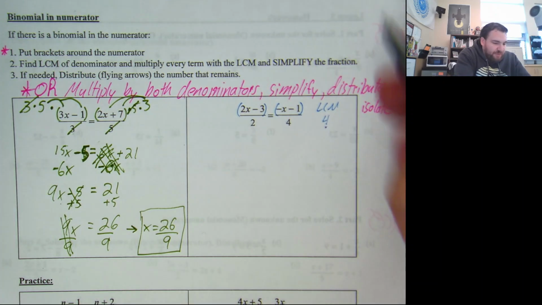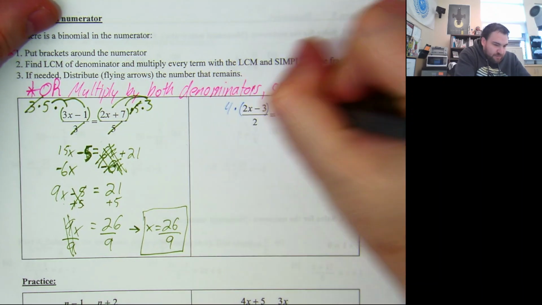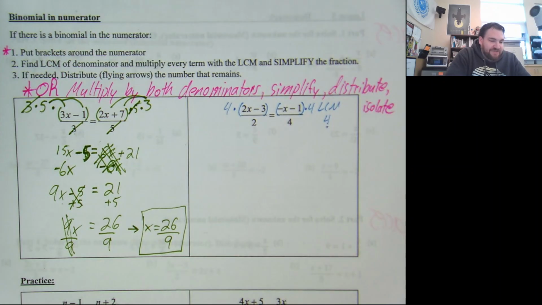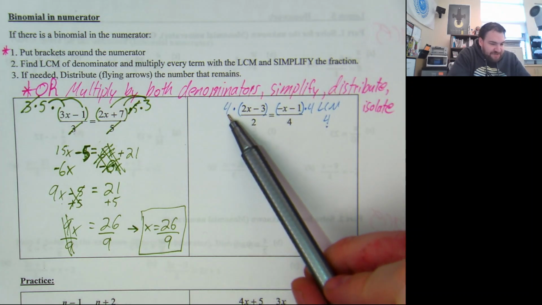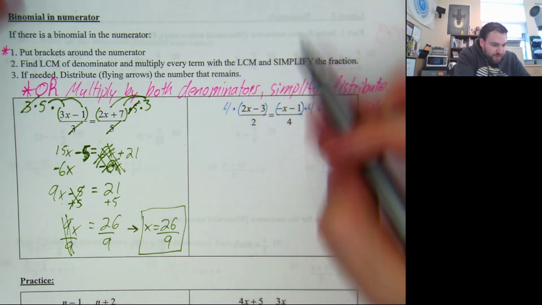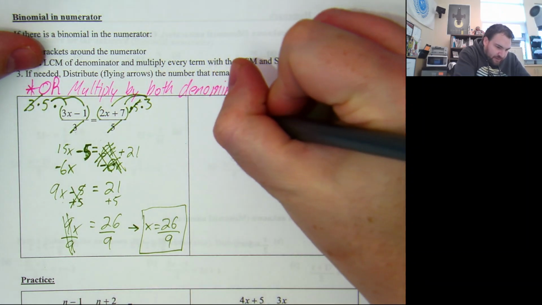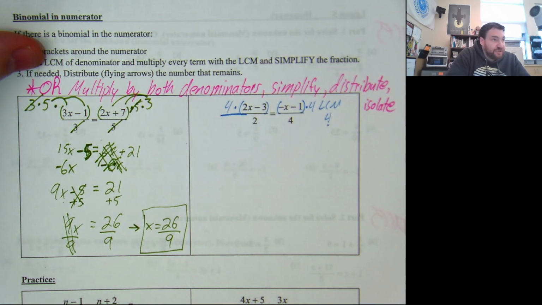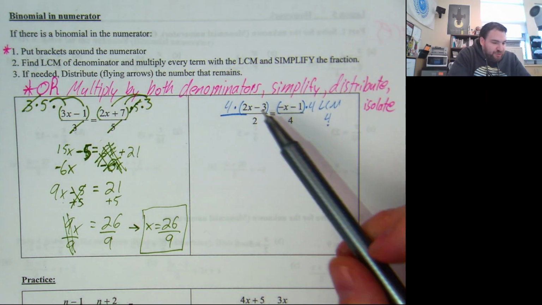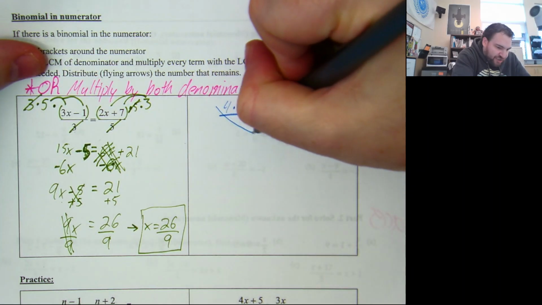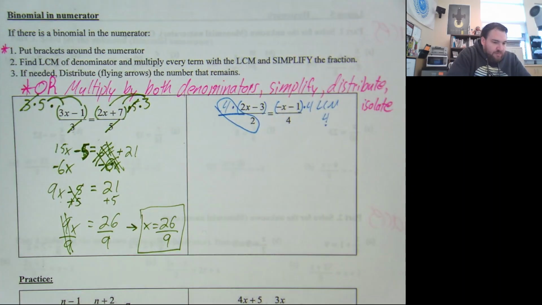So what I'm going to do is multiply both sides by that LCM. When I'm multiplying by the LCM, before we distribute this thing in here, I'm going to extend this line here to make it really clear what's going on. Before we distribute, this is the fraction we are going to reduce.